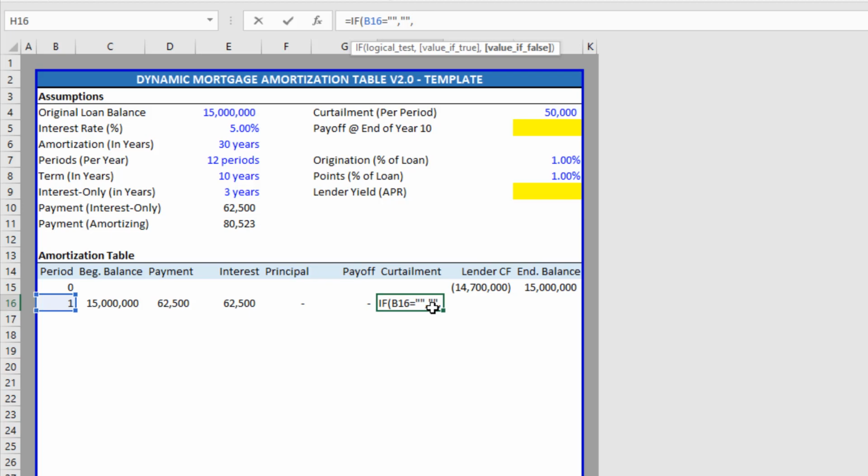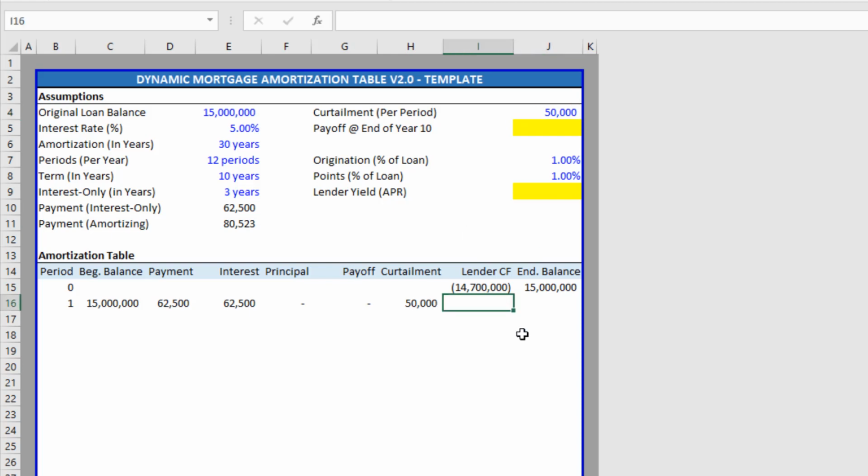So maybe we're prior to the loan maturity, but because we're making these additional principal payments, the loan pays off early. We want this to be just the amount needed to pay it off. So that's a min, the curtailment amount, or the beginning balance minus any principal paid in this period. Close that out. And here we have a $50,000 curtailment. If we were to set this back to 0, it would go to 0.